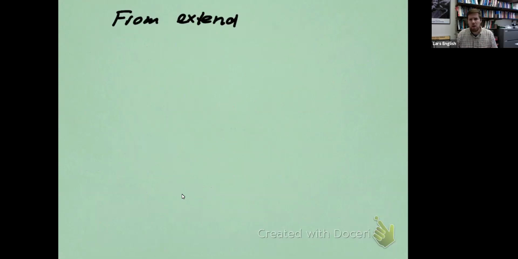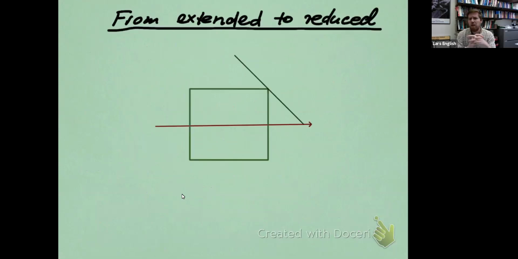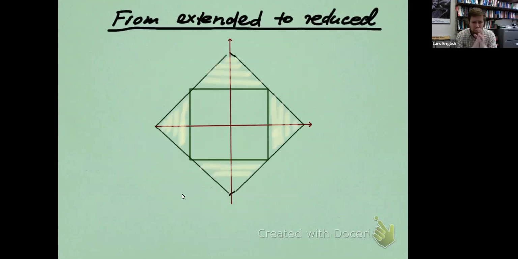Okay, so now that I've said that much, let's see how we go from the extended to the reduced zone scheme in 2 dimensions. And here we're going to use a simple square lattice in 2 dimensions.